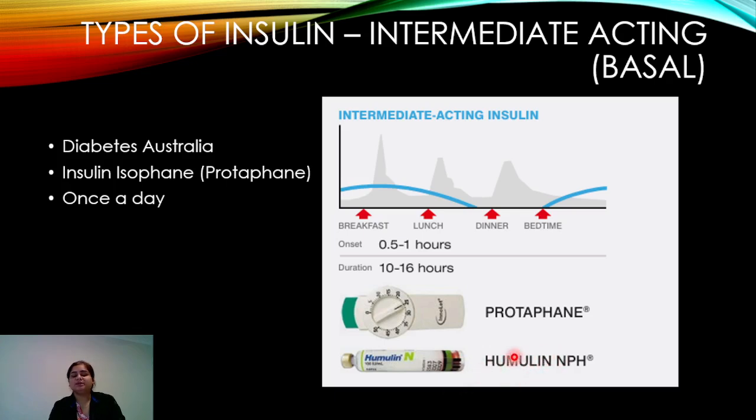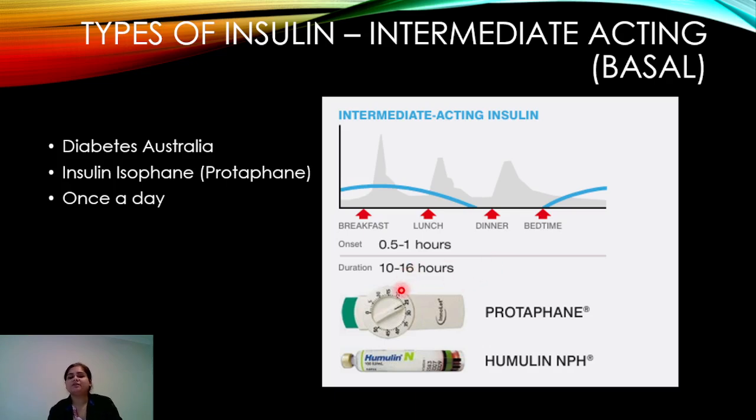This is human insulin. You can see here the insulin effect has gone down around dinner time, and when the client has a meal, blood sugar goes up, then we administer it again close to the meal times, and then it will keep doing its job for the next 10 to 16 hours.